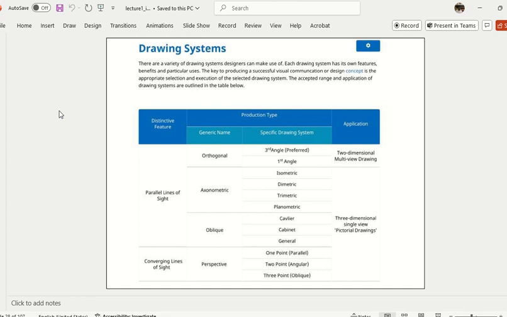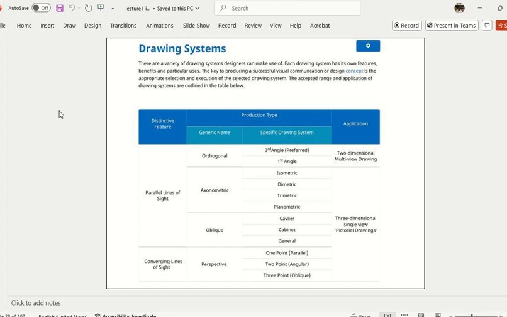And which one do we prefer? Which one is better for us? Third angle. Okay, why? I will come back to it. When I show it, it will become very clear. For 2D, only this one. The others are for 3D drawings. Okay?